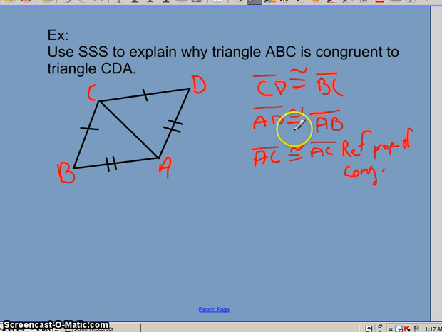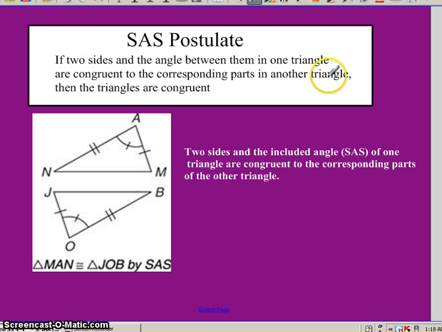Okay, and then once we have all 3 sides congruent, we can say that the 2 triangles are congruent by side, side, side. Alright, so that's what it's looking for in an example like that.